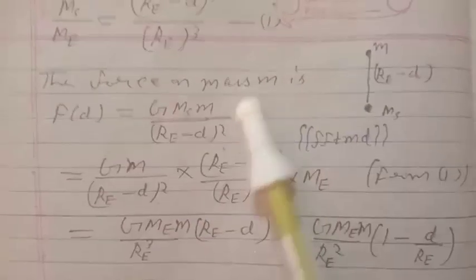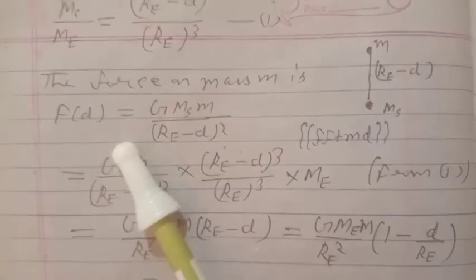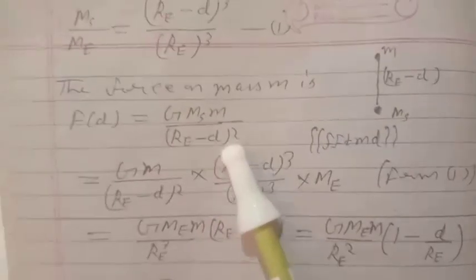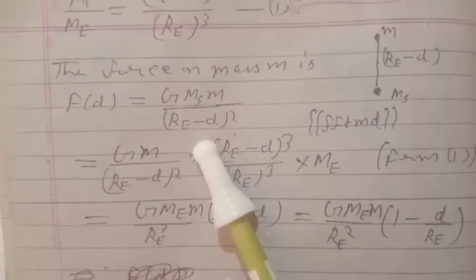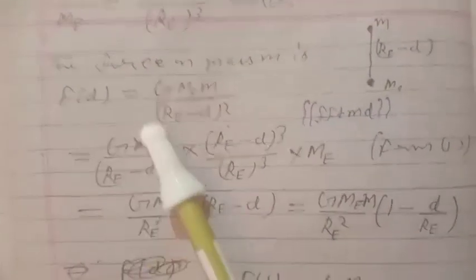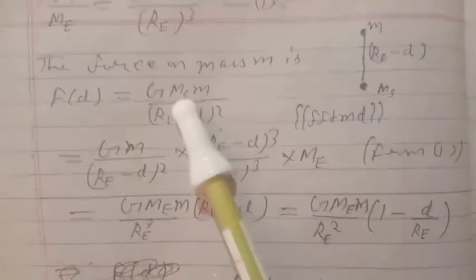Thus the force on mass m is Fd equals G Ms m by (Re minus d) whole square, by the gravitational force formula.